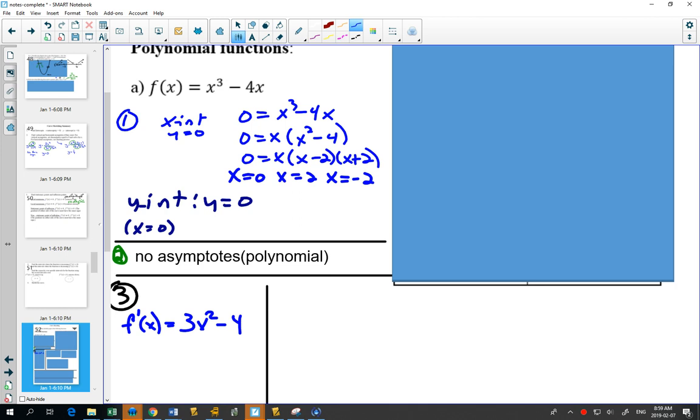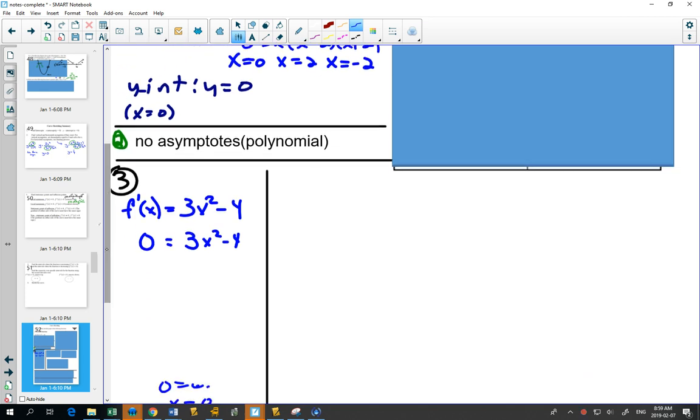I would set that equal to 0, and solve: 4 equals 3x squared. X squared equals 4 over 3. X is equal to plus or minus 2 over root 3.